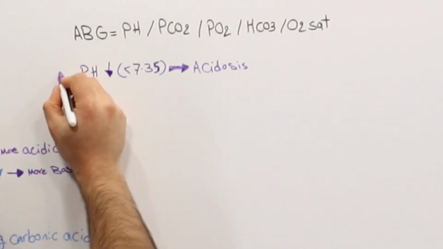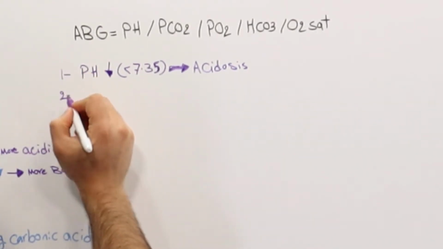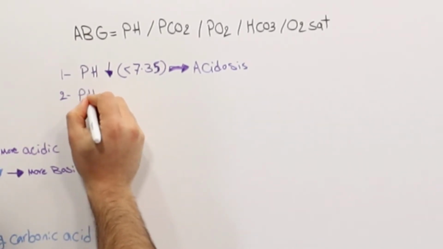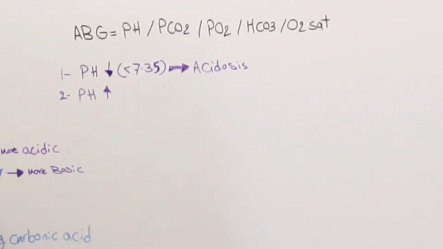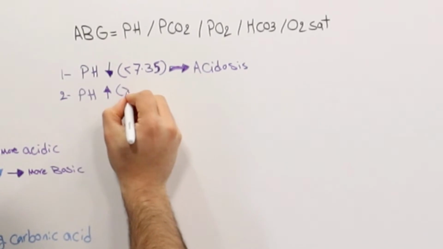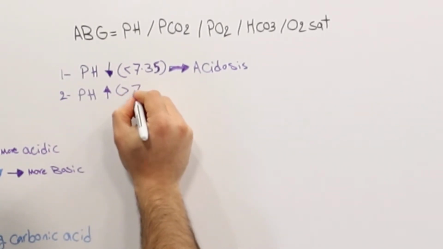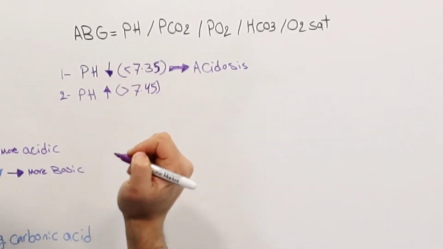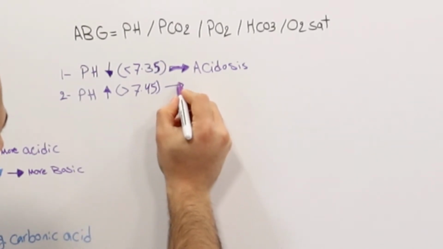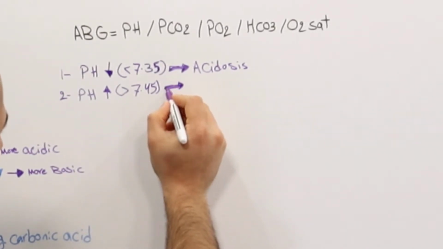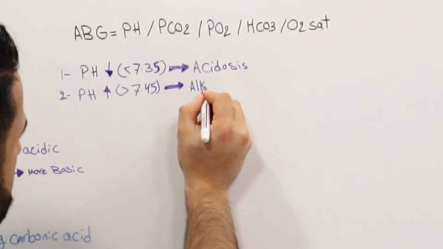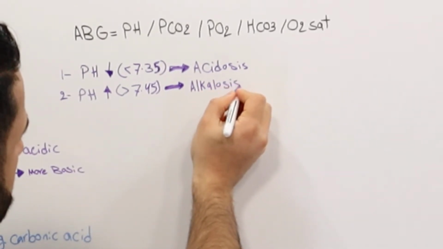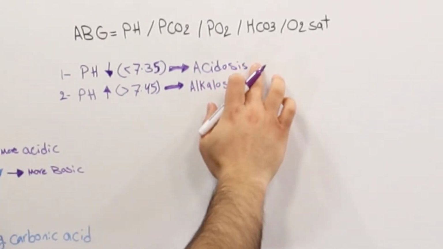So this is the first one for pH. Second for pH, if it's going up, which means it's going higher than 7.45, in this case it's going to be alkalosis. So we have acidosis and alkalosis.